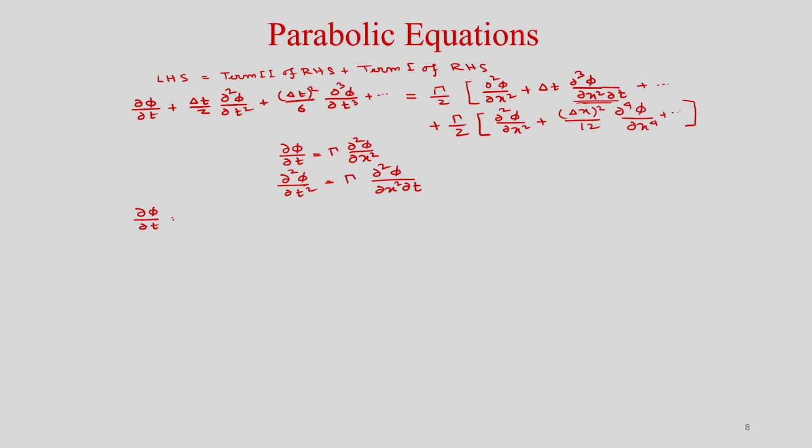Okay, all you take in the right hand side. Now you can see this is your gamma by 2 del 2 phi by del x square and it is gamma by 2 del 2 phi by del x square. So, it will be just gamma del 2 phi by del x square. Okay. So, that you can take in the left hand side, so it will be minus. So, you can see that gamma del 2 phi by del x square is del 2 phi by del t square.